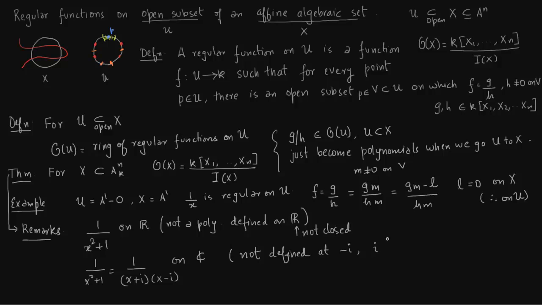The gist of the story is the theorem is applicable only if g by h is defined on the set X. So let us write this down: not defined at minus i or iota minus iota, and the theorem therefore does not apply.